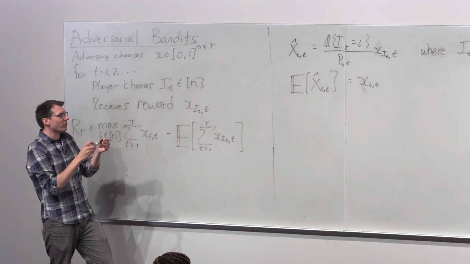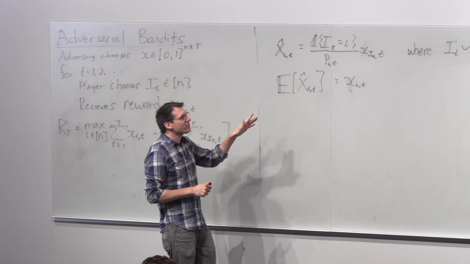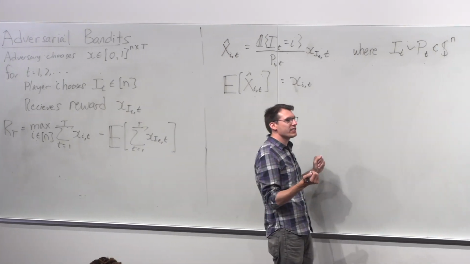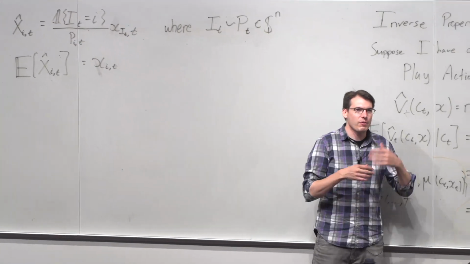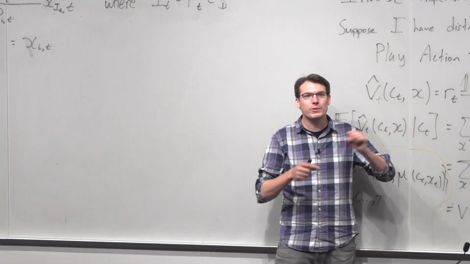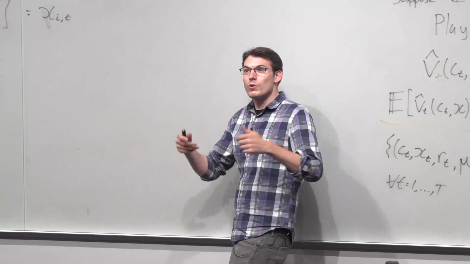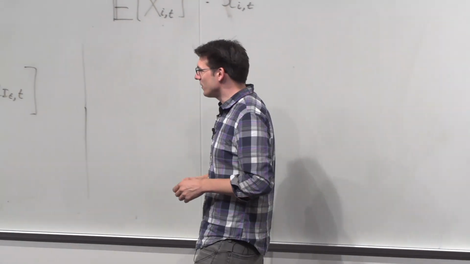And so this is great, because what this allows us to do is, even though we're only taking one action at any given time, we're going to be receiving some reward for the action that we got, but we're able to estimate the reward we would have gotten if we played any other action.